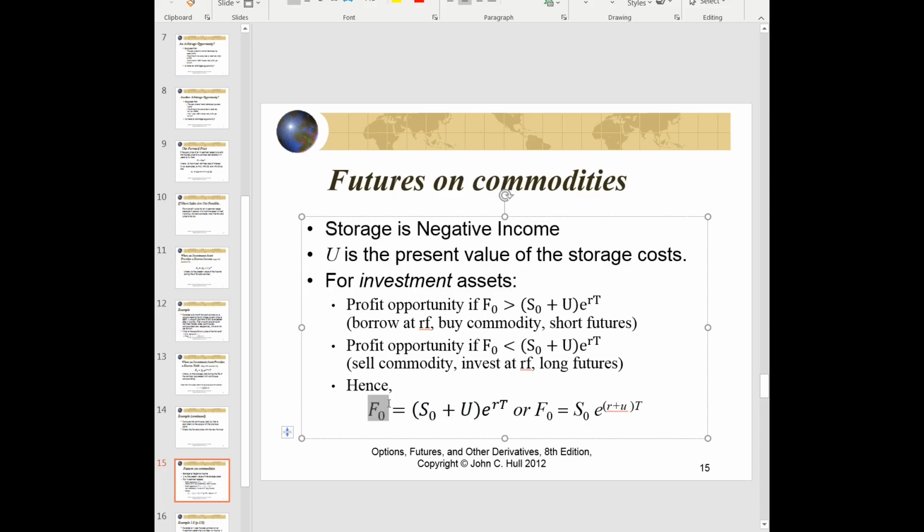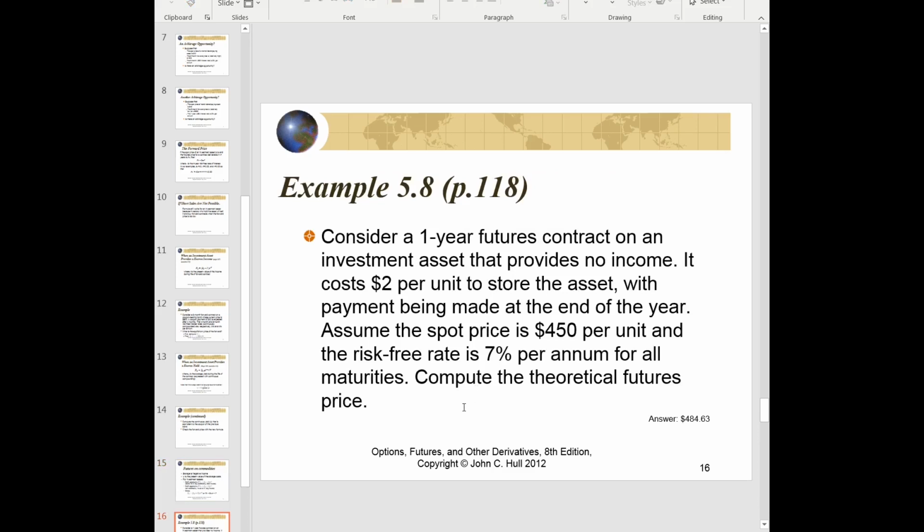Immediately we get this formula, and like we did for the previous case, instead of using this U, we can use a continuous rate for the storage cost like this. Work through these examples. You have the solutions here.